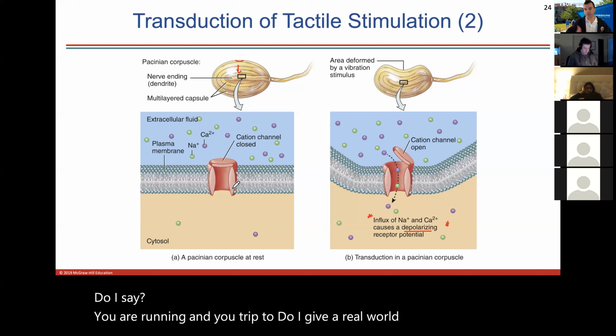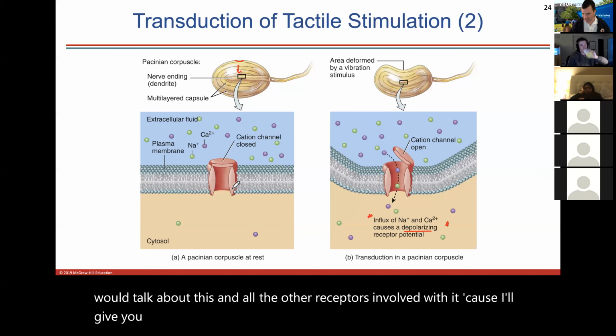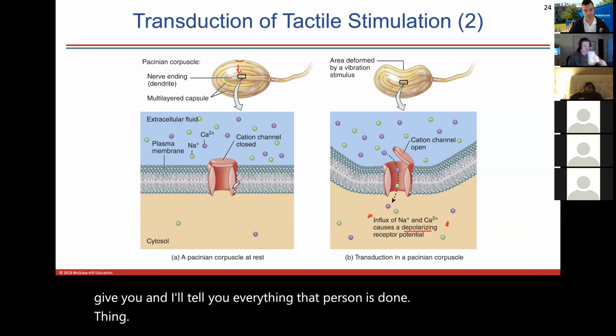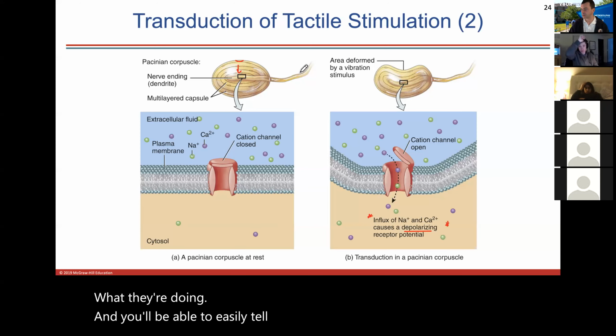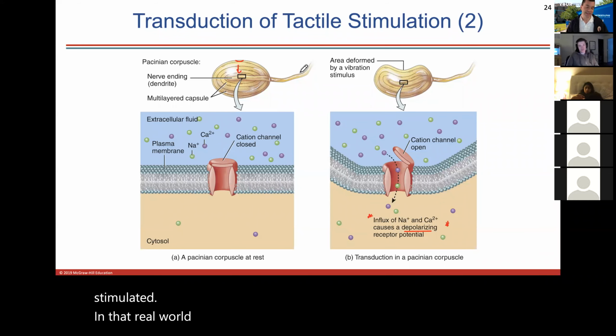Then you would talk about this and all the other receptors involved with it. Because I'll tell you everything that person's done, what they're doing. And you'll be able to easily tell me which specific cutaneous receptors are stimulated in that real world scenario. So I could ask it like that, and I've done that in the past.